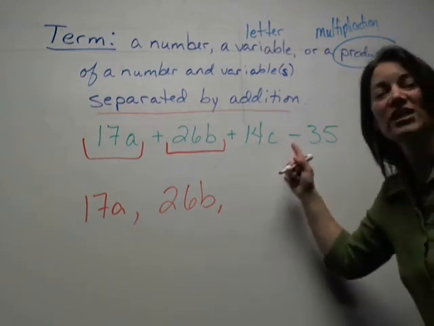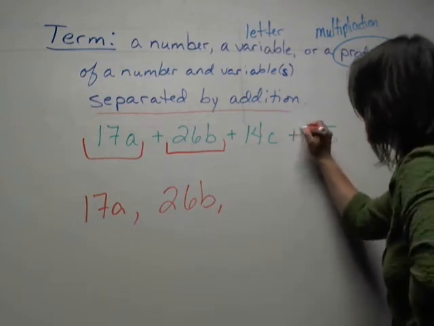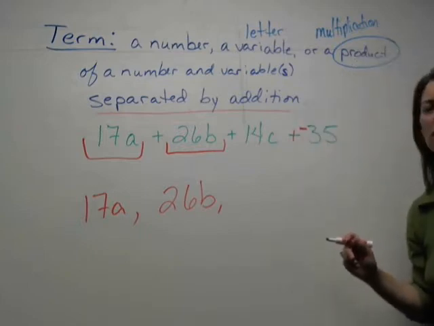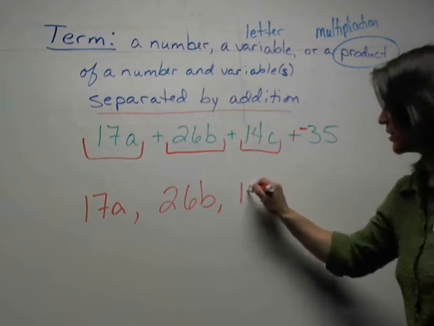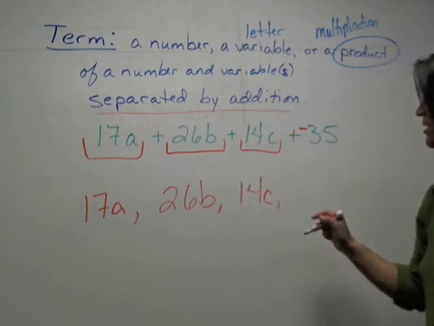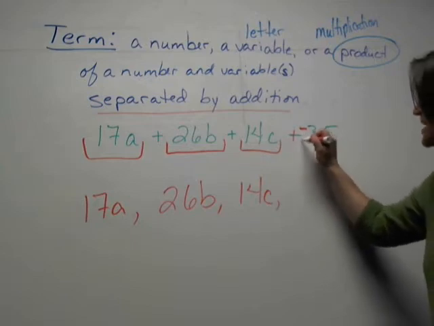We have to do our change here. So this subtraction is really adding a negative. So 14C is another one of my terms. And I have a term at the end here, but the term at the end is negative.